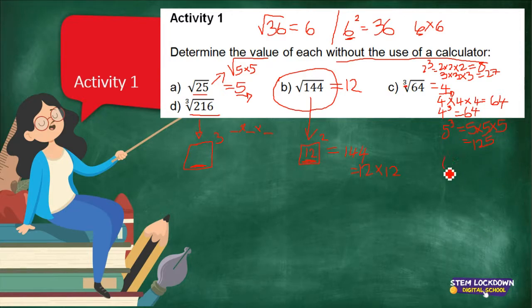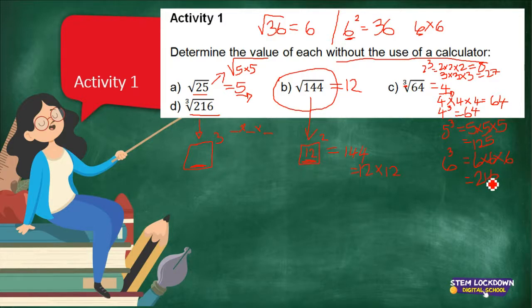Now let's try 6. 6 cubed is 6 times 6 times 6. Lucky for me, the answer is 216.